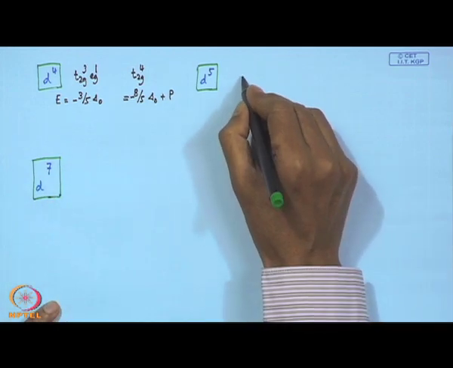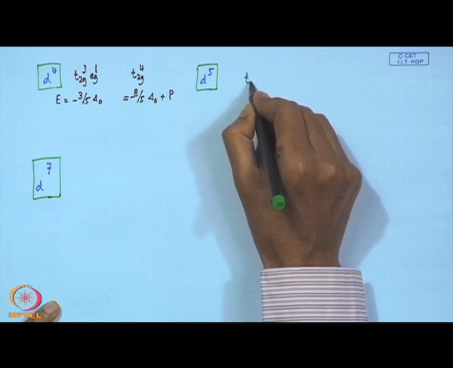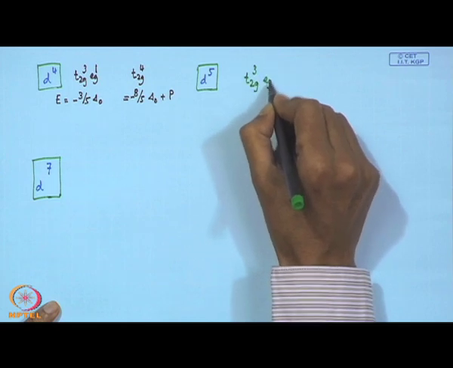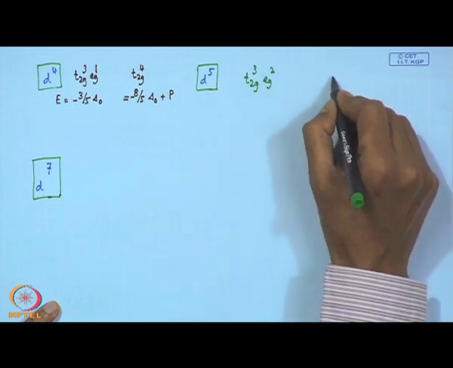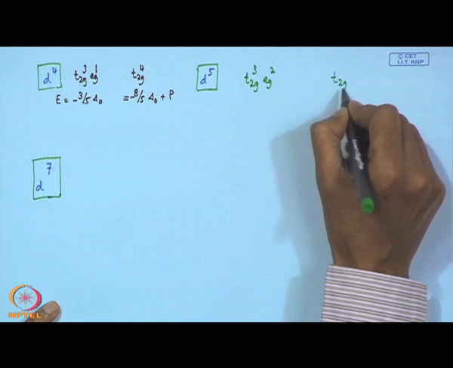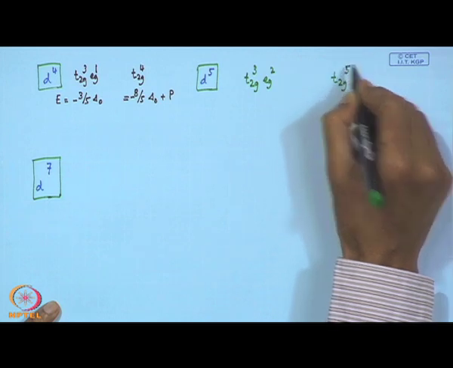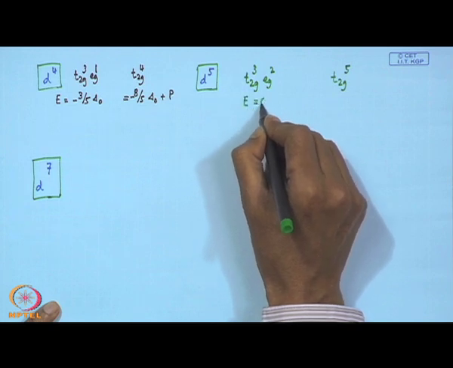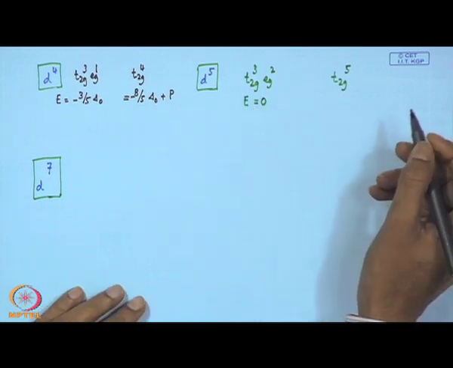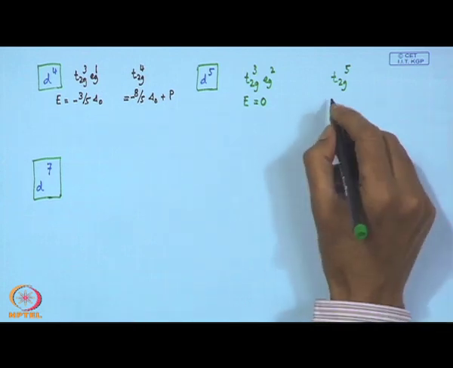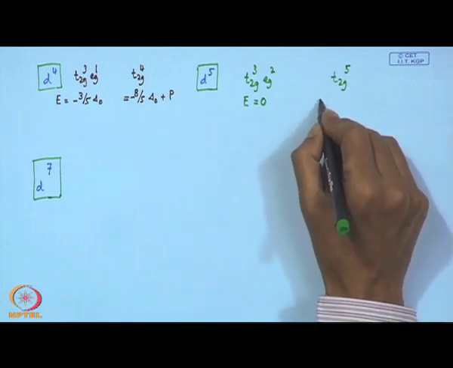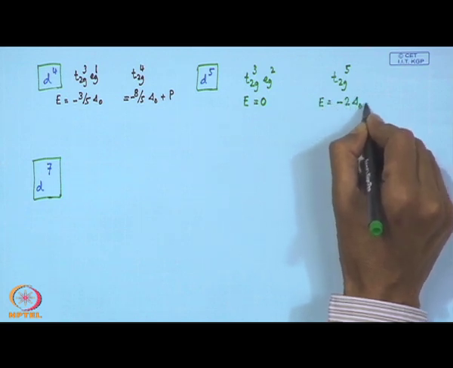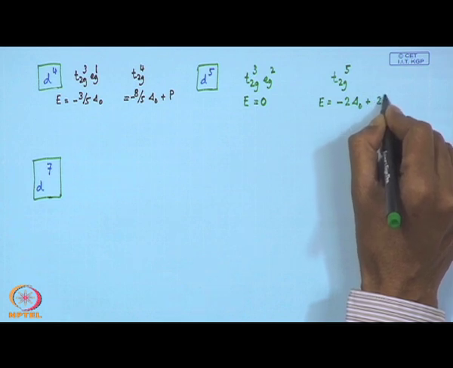For D5 we have two situations, one is T2G3 EG2 and the other is T2G5. For the high spin situation E is equal to 0, no crystal field stabilization, and for the low spin E is equal to minus 2 delta O plus 2P.